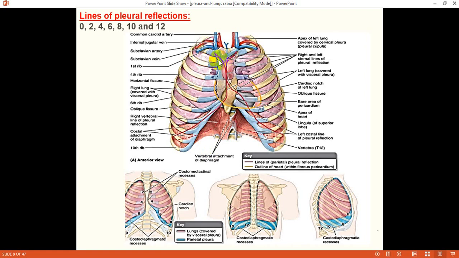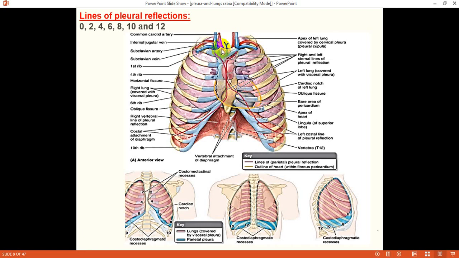The important thing to remember is that these lines are not the same on both lungs, as the heart is deviated more towards the left side, and there is also a cardiac notch present. So these lines of reflection are different on both sides.